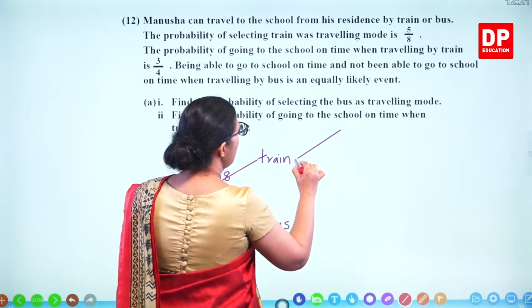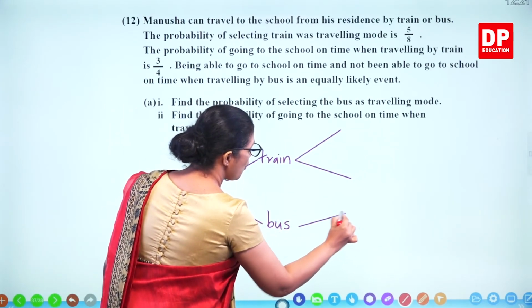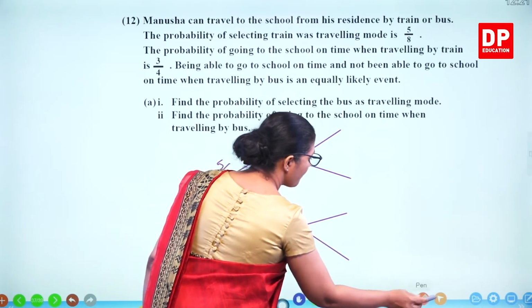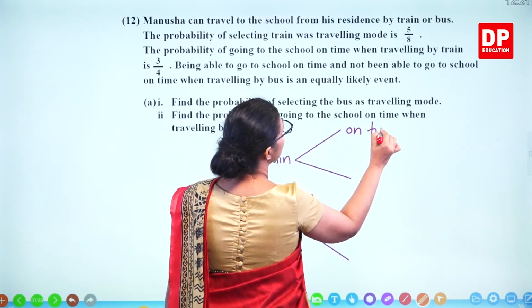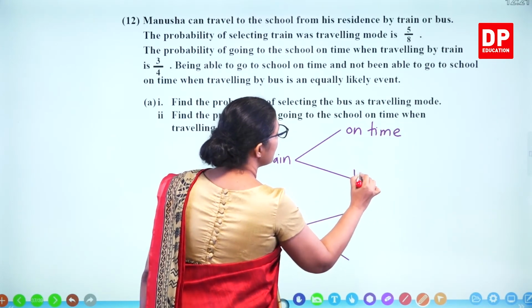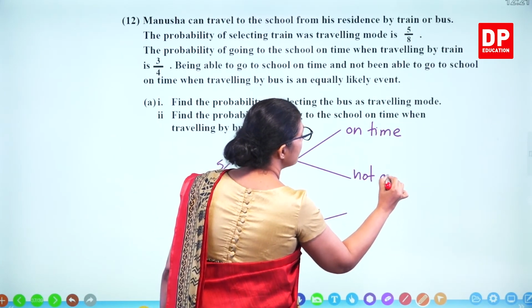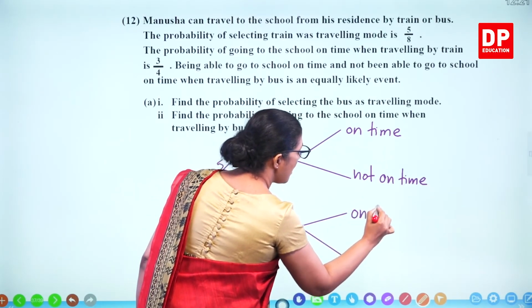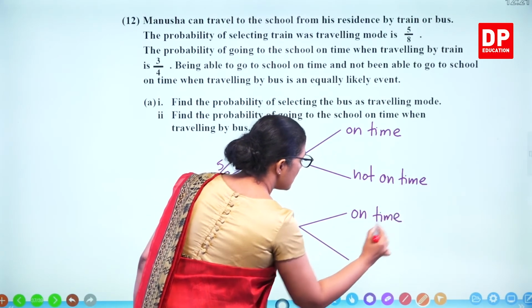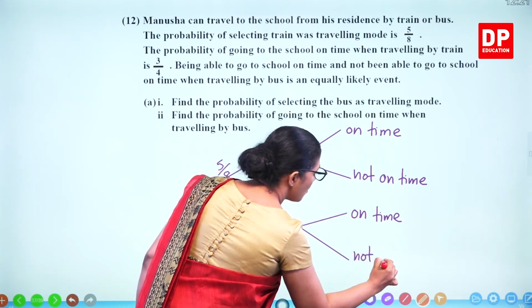So here again you have to draw another 2 branches: on time, not on time. This is on time by bus, not on time.